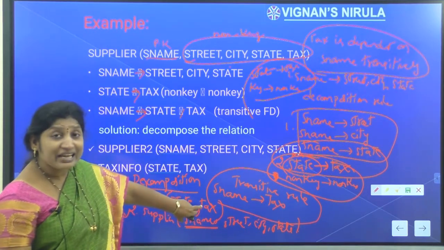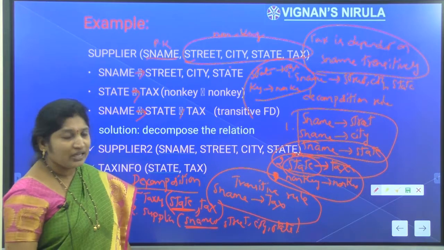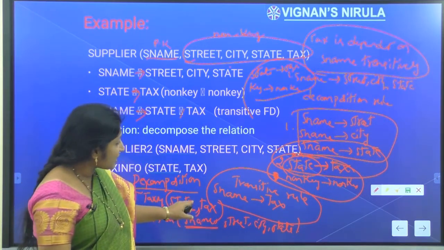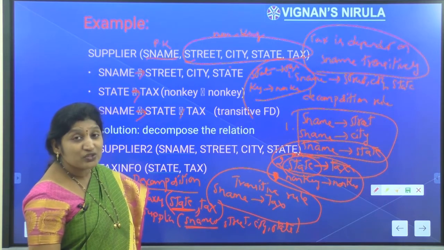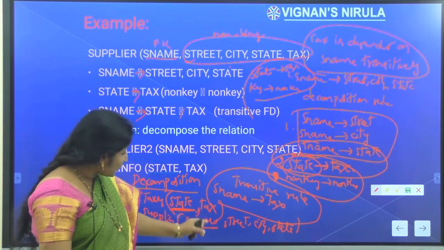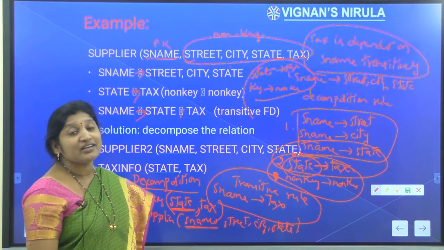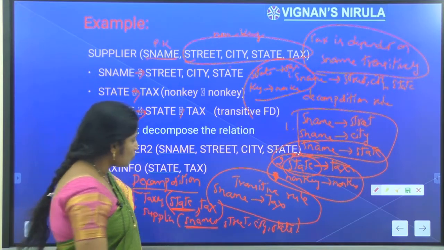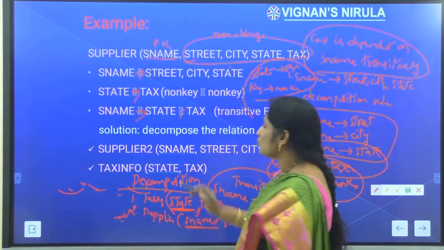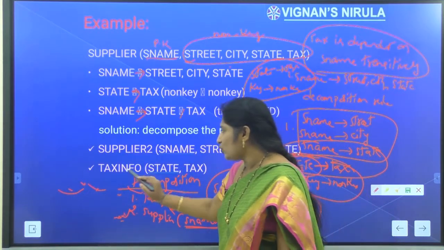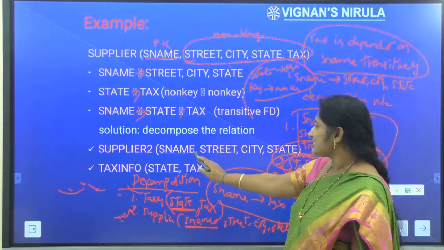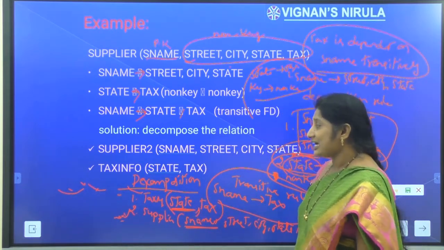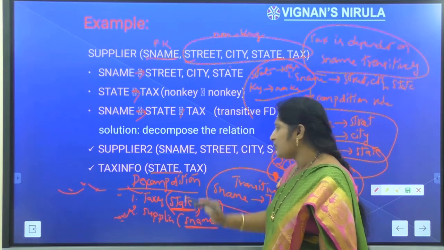By dividing the tax attribute into another subtable, I have avoided the transitive dependency also. Here within this table, the S name is not there. The S name to tax I cannot directly derive. S name is present in another table. So the transitivity can also be avoided. So by dividing the relation into two subtables, supplier and tax information, in the first subtable S name, street, city, state, and in the second subtable state and tax, in which I have made the state the primary key.